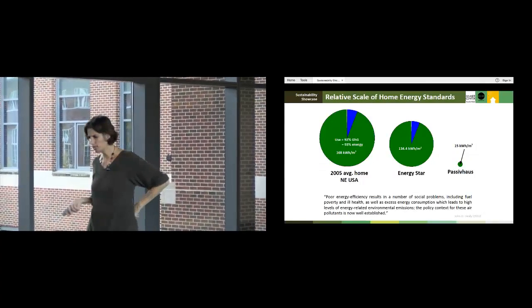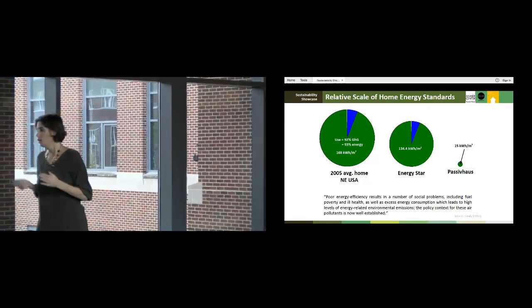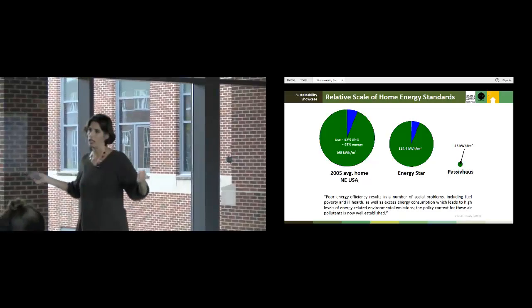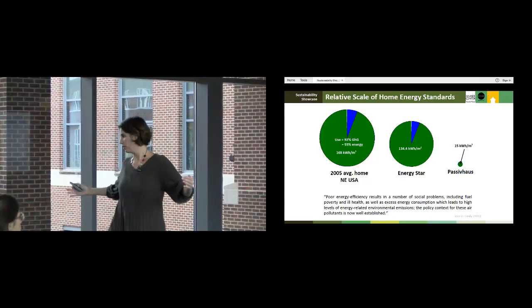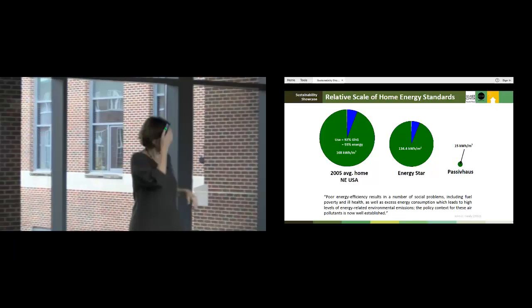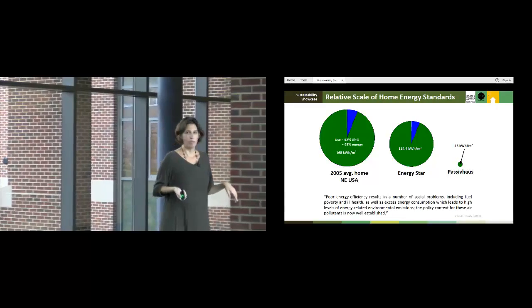So what does that mean? A lot of my discussion today is going to be about new construction, but we really need to look at that in the context of not just what we do up front to build those homes, but the way we live in those homes.